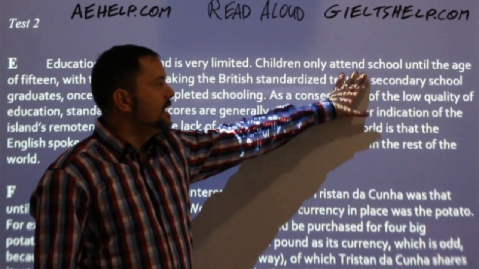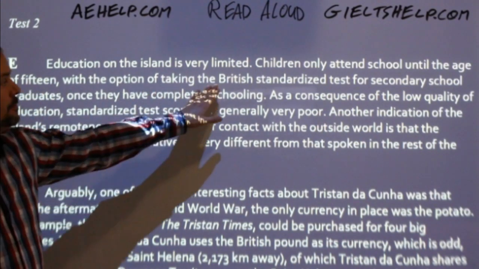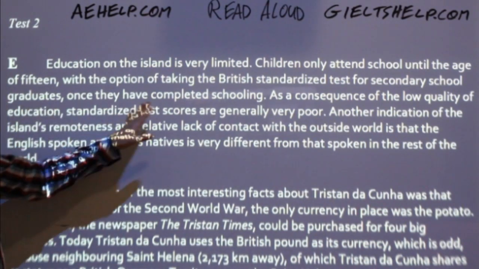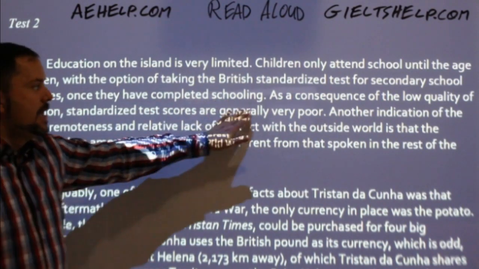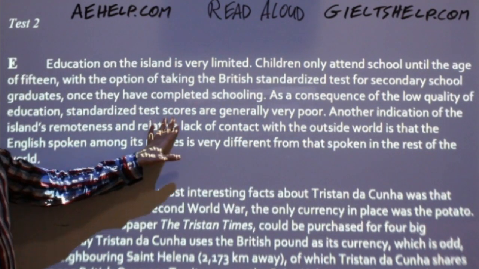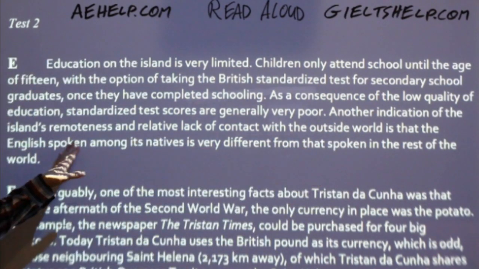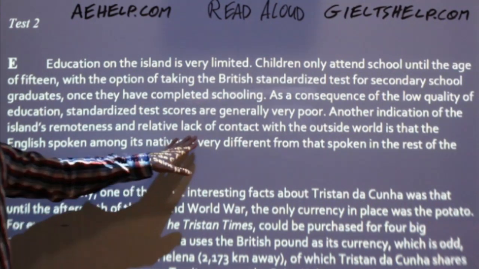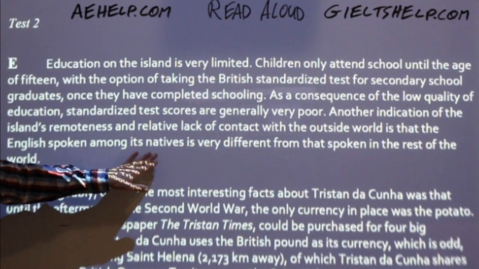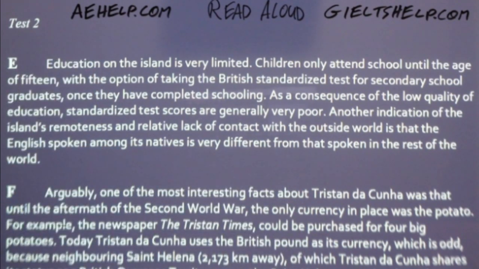Children only attend school until the age of 15, with the option of taking the British standardized test for secondary school graduates once they have completed schooling. As a consequence of the low quality of education, standardized test scores are generally very poor. Another indication of the island's remoteness and relative lack of contact with the outside world is that the English spoken among its natives is very different from that spoken in the rest of the world.